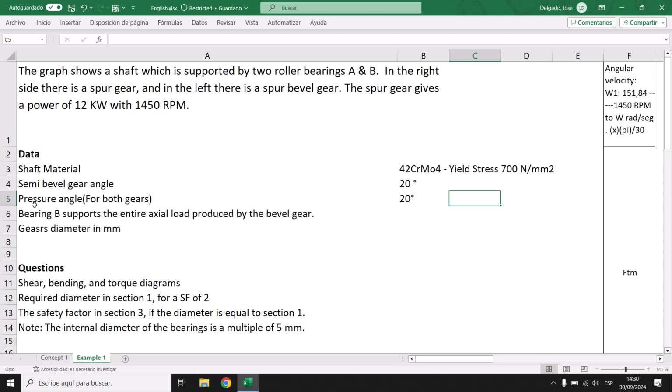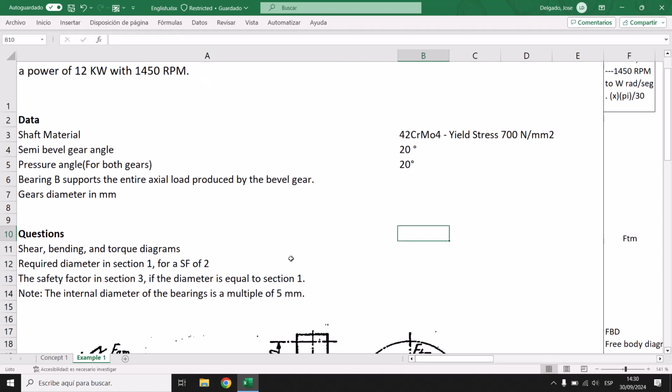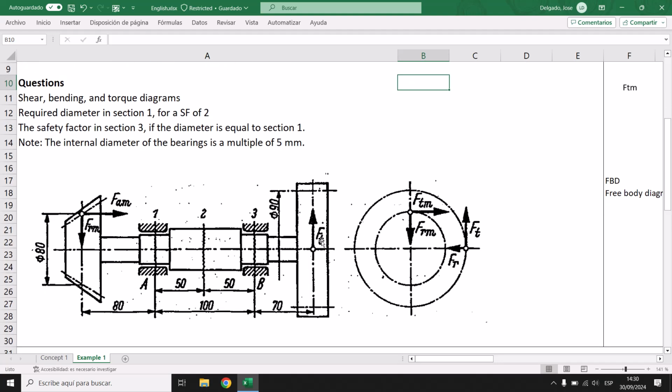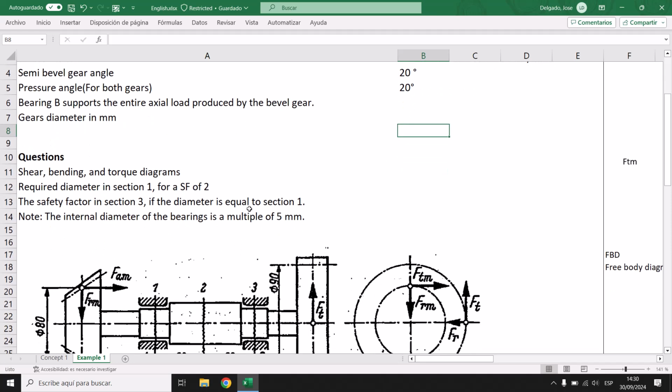The pressure angle for both gears is 20 degrees also. Bearing B supports the entire axial load produced by the bevel gear. And here, the gears' diameters in millimeters, something that we have here. You can search the yield stress of this material on Google.